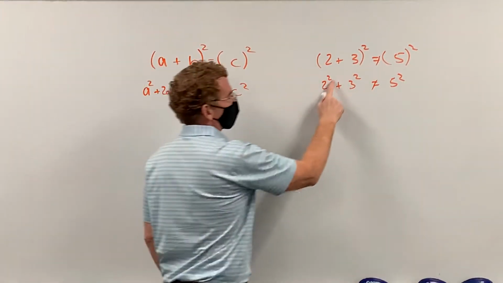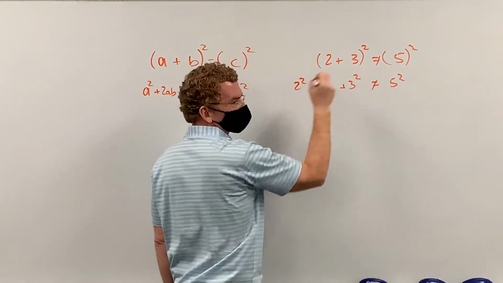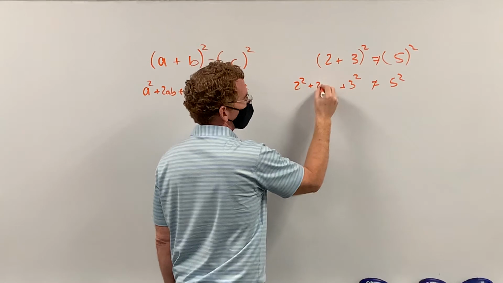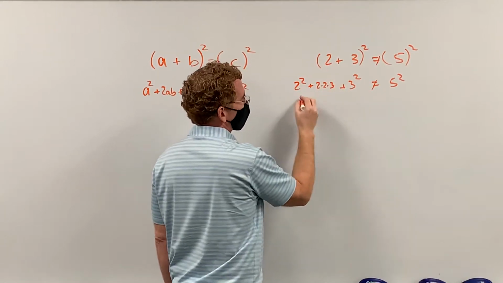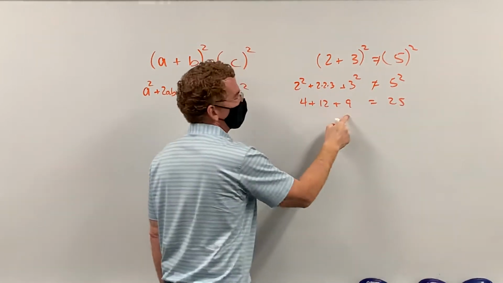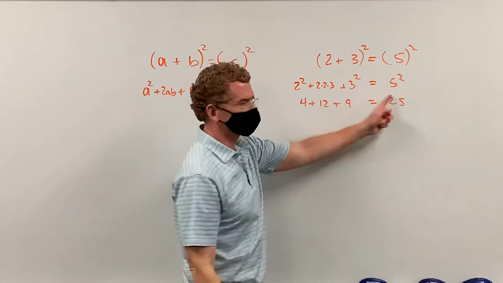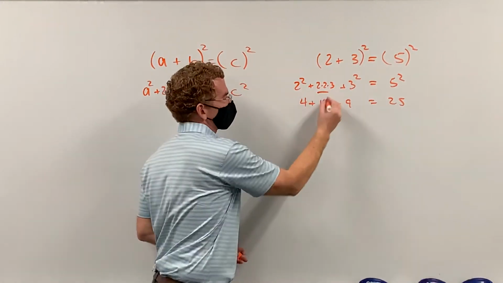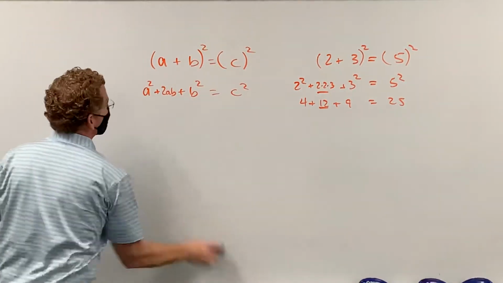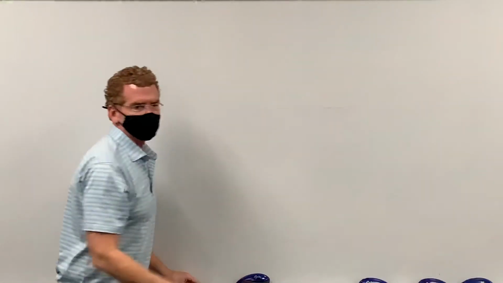And if I think about that here, square the first, square the last, that times 2 is 2 times 2 times 3. That would give me the 4 and the 12 and the 9 that I need to give me 25. So that would be true. Are you with me? So don't forget that middle term. And if you get that down, today's work is not going to be that bad. But that really is what kills you a lot of times.